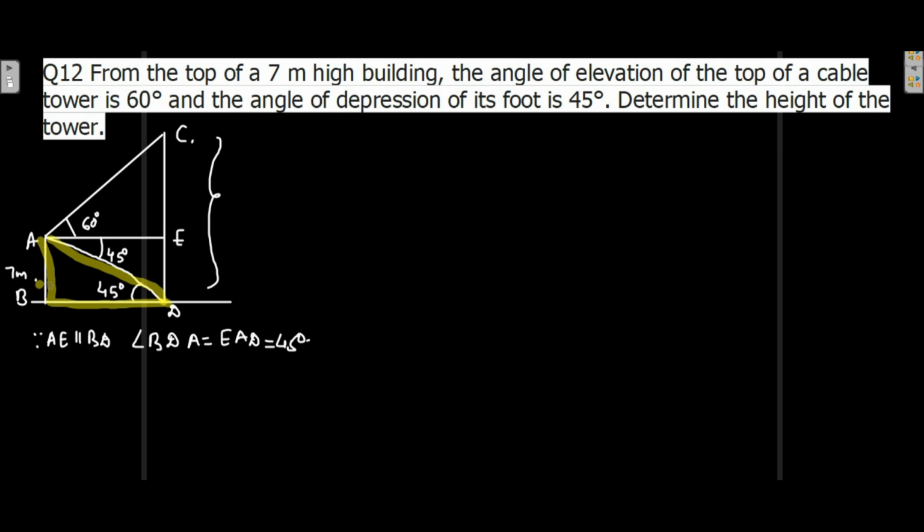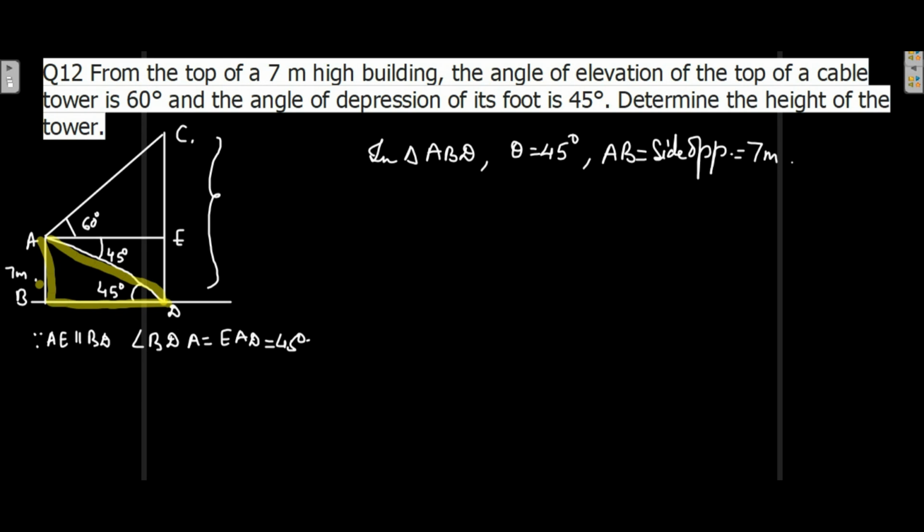So first we'll make use of this triangle. Let us consider triangle ABD. Theta is given to be 45 degrees, and AB, the side opposite to 45 degrees, is 7 meters. This is also given to us.